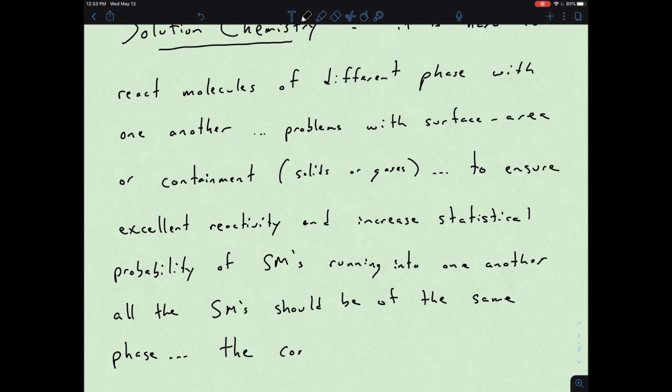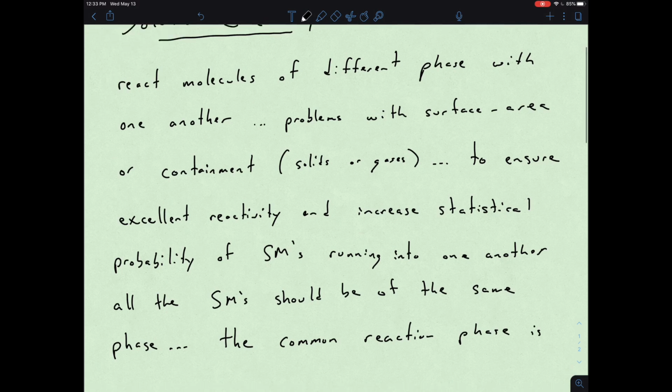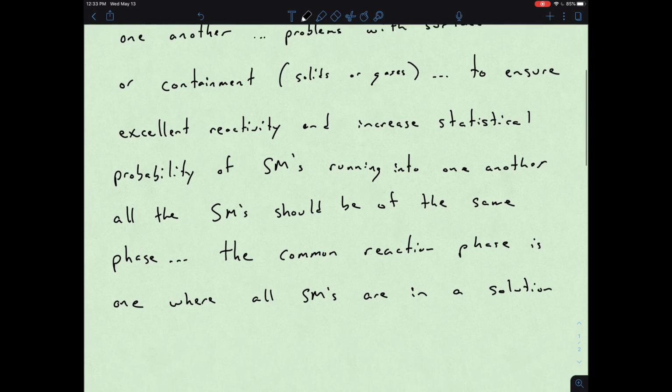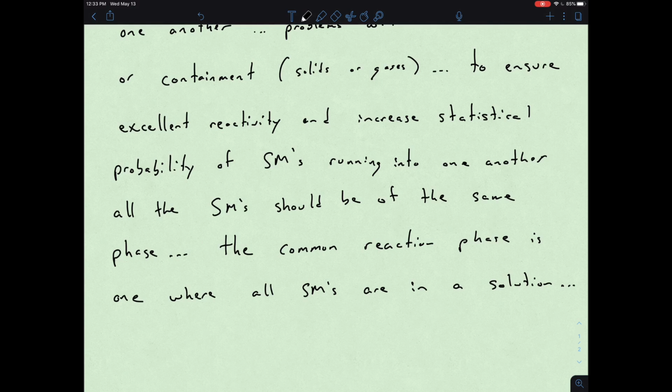So the common reaction phase is one where all the starting materials are dissolved in a solution.